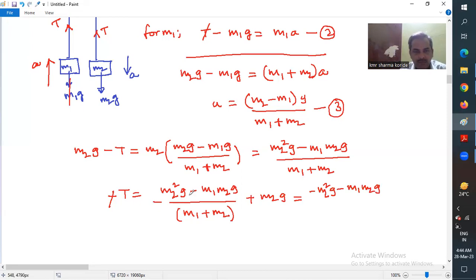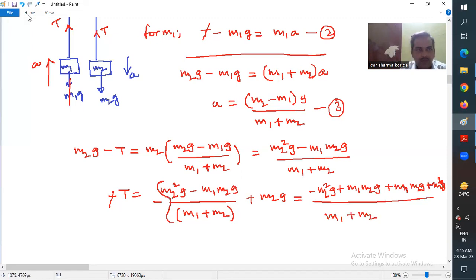There is minus, so this becomes plus, because the entire minus is multiplied. M1 and m2 get multiplied: plus m1 m2 g plus m2 square g, whole divided by (m1 plus m2).